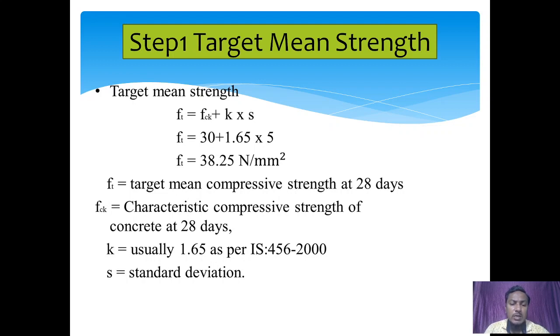Suppose here we are considering Fck as 30. Okay, and K is usually taken as 1.65 as per IS 456 2000, and here S is the standard deviation, which is taken here as 5.